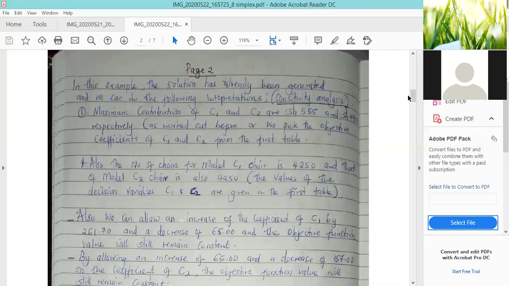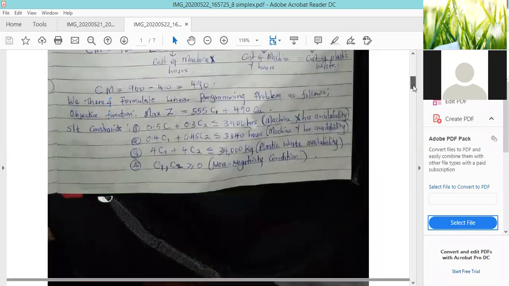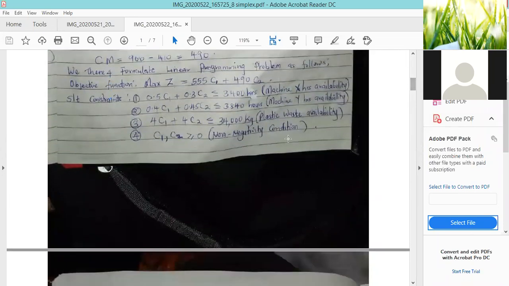Also, you can see, and here I would want to make a small correction, the values given, plastic waste, we have used how much? We have used 34,000. How? If you go back to the constraints here, class, you can see the plastic waste, we were having 4 kg for C1, 4 kg for C2.